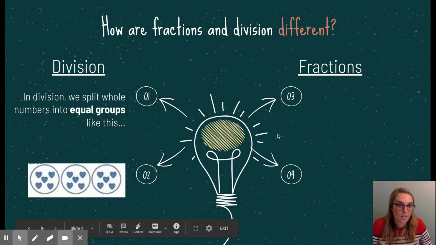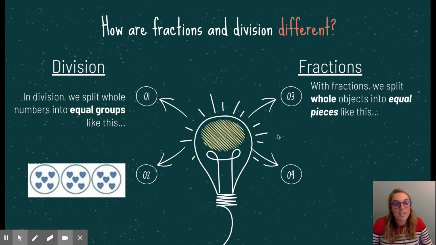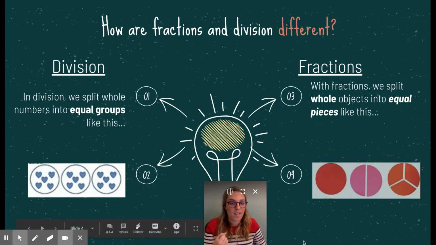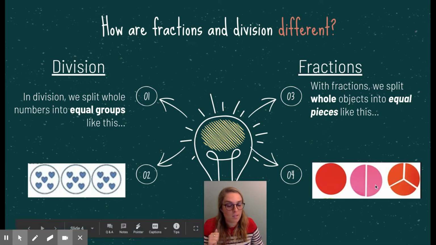Fractions, on the other hand, instead of taking individual objects and splitting them into equal groups like we do with division, we take whole objects and we split them into equal pieces like this. In this case, they took this whole circle and split it into 2 equal pieces, or into 3 equal pieces in this case.